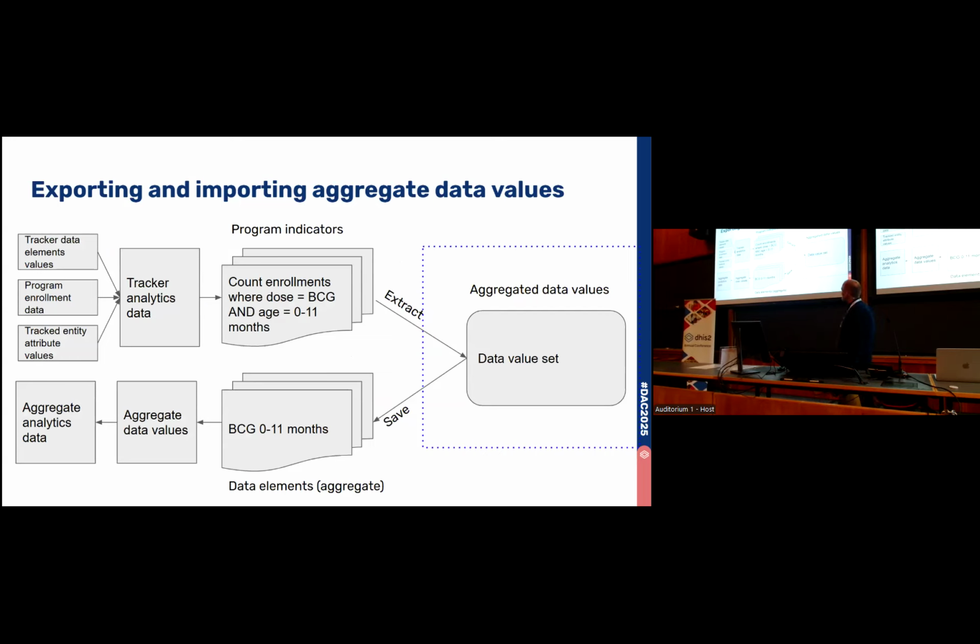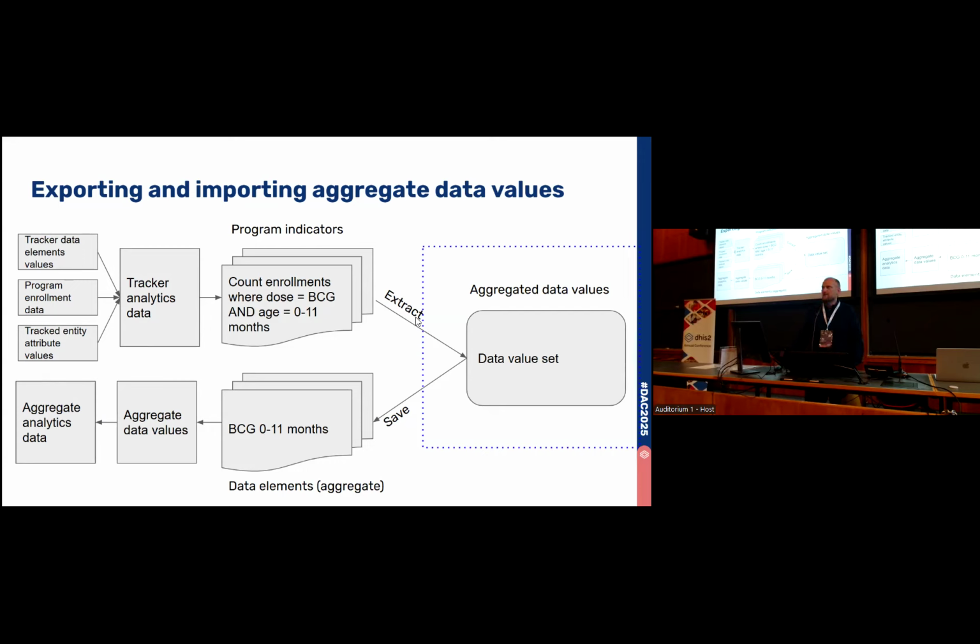I think I will just talk briefly through this. This is the flow of data within DHIS2. If you're following the recommended approach, we have our raw data values stored in DHIS2, the tracker data elements, enrollment data, and attributes, which are brought into the tracker analytics tables, which are used as the source for the program indicators that we define, setting up how you actually do the aggregation, how you do the counting.